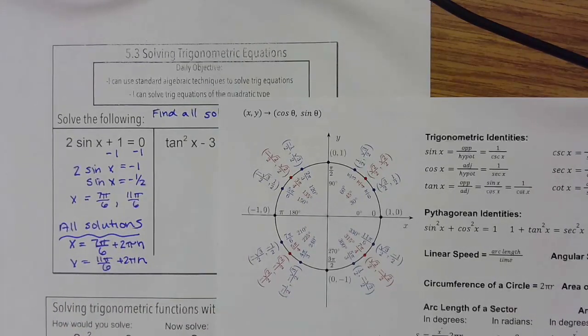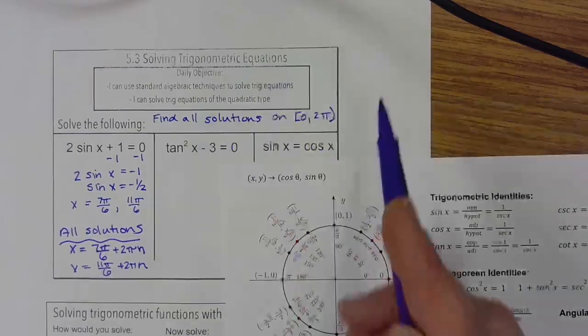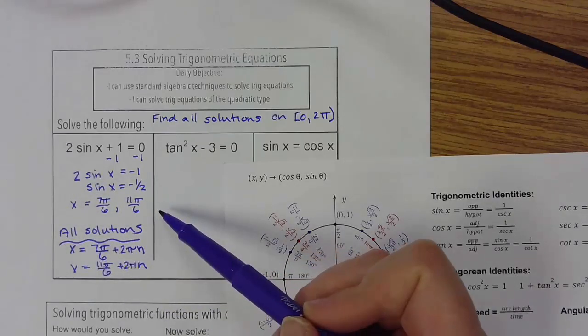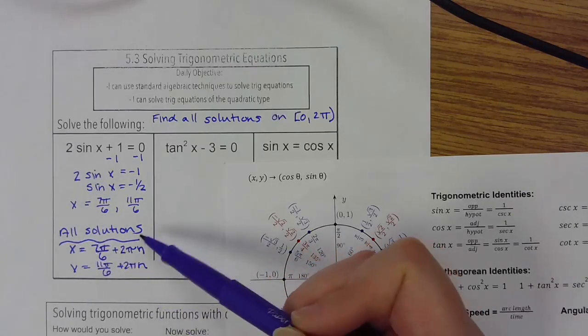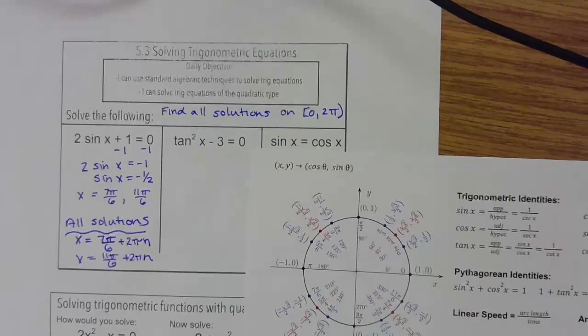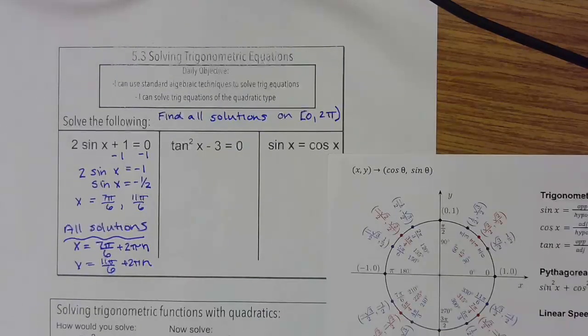So the period of sine is 2 pi. So if it asks find all solutions from 0 to 2 pi, this would be your proper response there. But if it asks for all solutions, you would include all of those coterminal angles, all of the angles in the same location, just another rotation around, positive or negative. So let's take a look at the next one then.